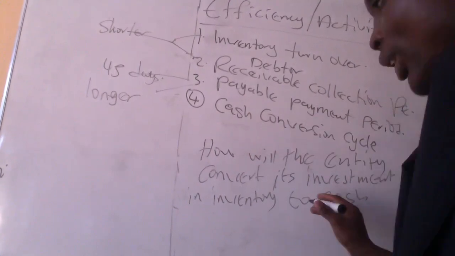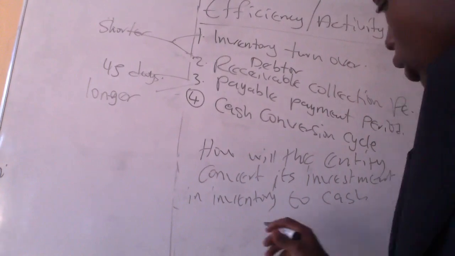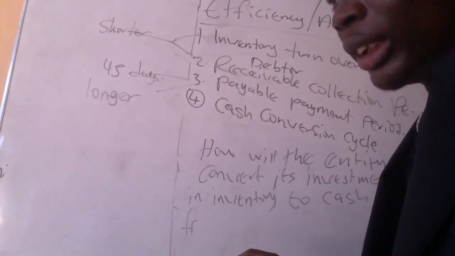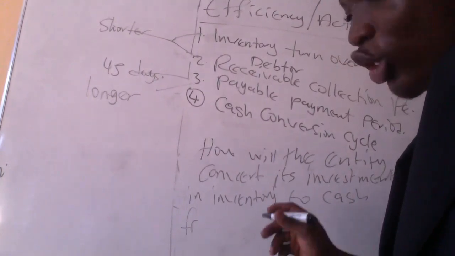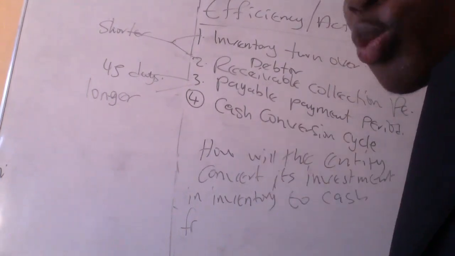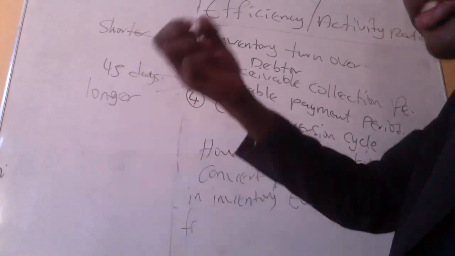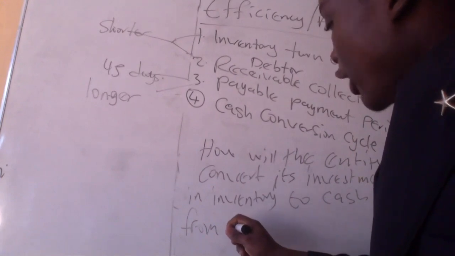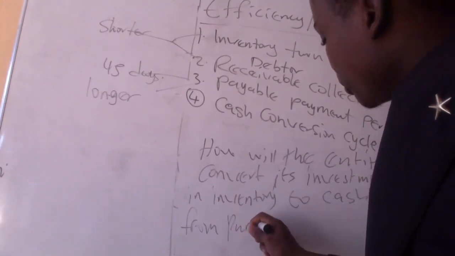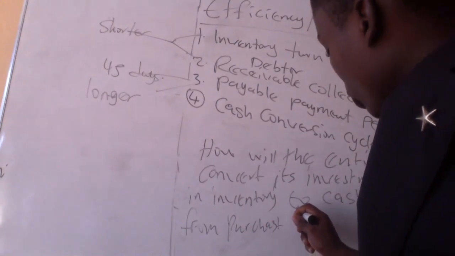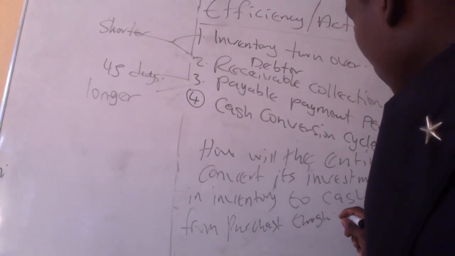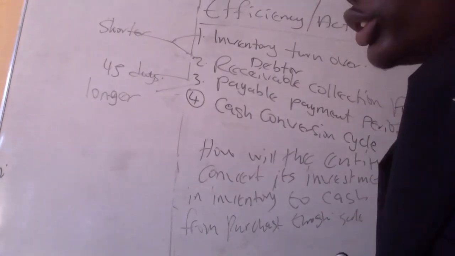So take note. How are you going to do it? From the point of purchases to the point of sales, and finally to the point of receiving. So that's it: from buying of the goods, or the point of purchases, through sale, and then to the receipt of the money.